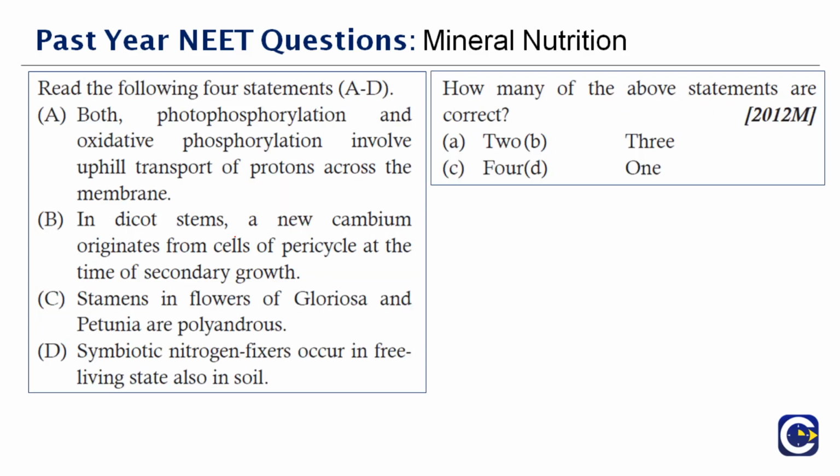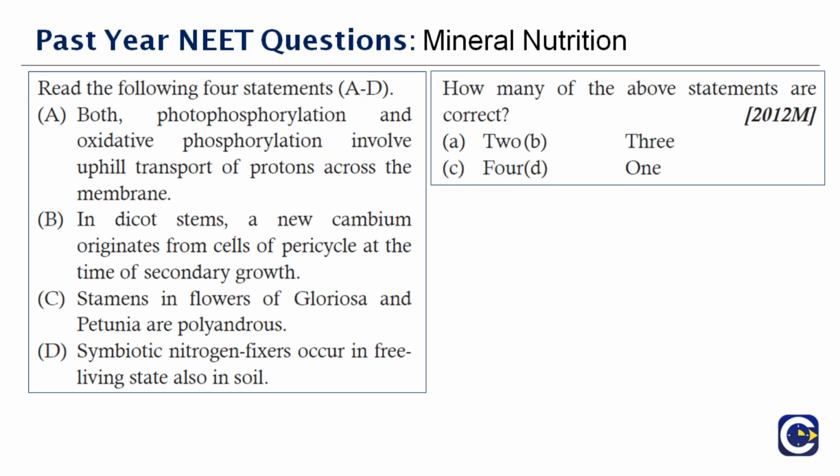Next question here. Read the following statements A to D. Both photophosphorylation and oxidative phosphorylation involve uphill transport of protons across the membrane. In dicot stems, a new cambium originates from the cells of pericycle at the time of secondary growth.